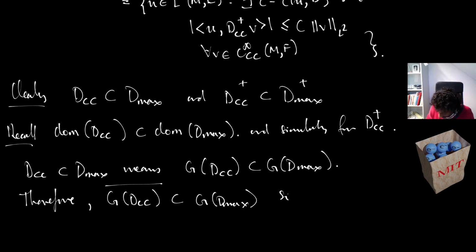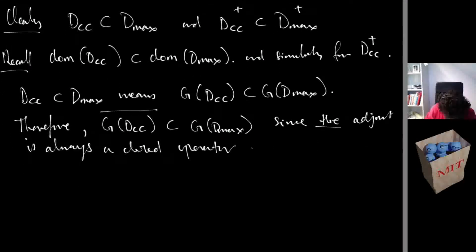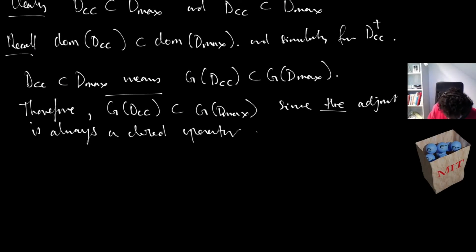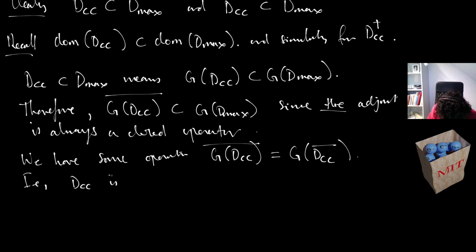So since the adjoint is always a closed operator, this means that we have some operator such that the graph of D CC closure equals the graph of this operator, i.e. D CC is closable.